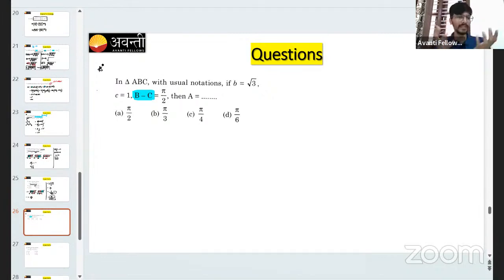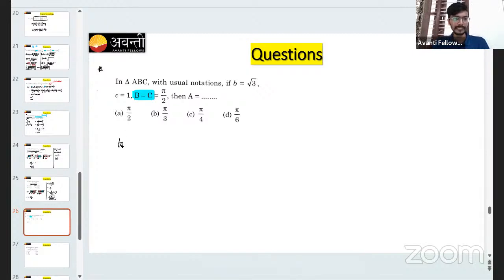So if somewhere I see A minus B, B minus C, C minus A, basically I should click and think, yes, I can use Napier's analogy. Whether to use it 100% or not depends on the question. But here, since we saw B minus C, let's use Napier's analogy. So, Napier's analogy for B minus C, do you remember?